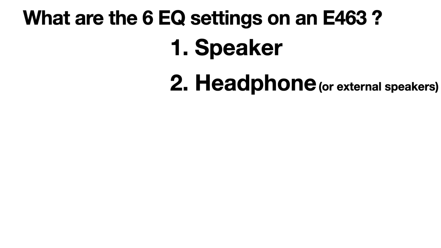If I plug in my headphones, and I have a headphone I spent over $1,000 for, when I plug that into this keyboard, I want the very best sound possible going into those headphones. So setting number 2 is for headphones that are plugged in.